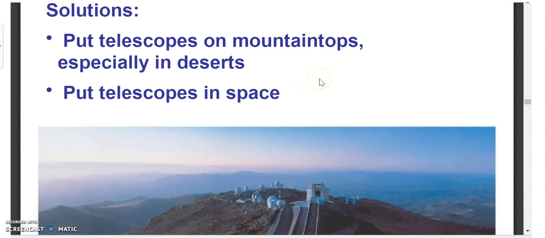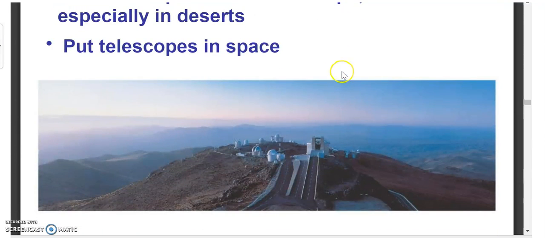Like, for example, there were two very famous telescopes, Mount Wilson north of Los Angeles and Mount Palomar south of Los Angeles. These were famous telescopes back in the 1920s, 30s and 40s. But as Los Angeles got more and more populated, the light pollution was just so bad that Mount Wilson is almost completely useless nowadays.